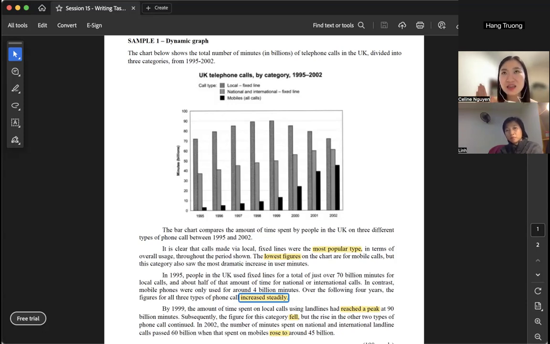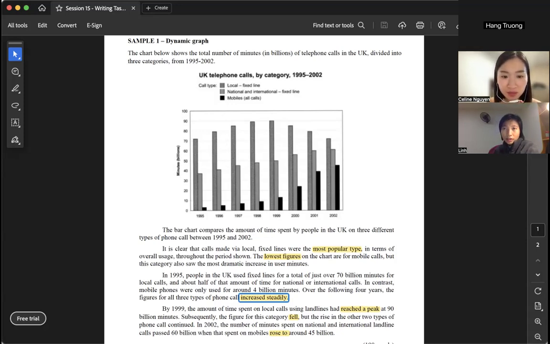And I think that is the key point that made the chart divided into two paragraphs. Yeah, I do agree. This is the peak of the local fixed line, and after that it experienced a downward trend.